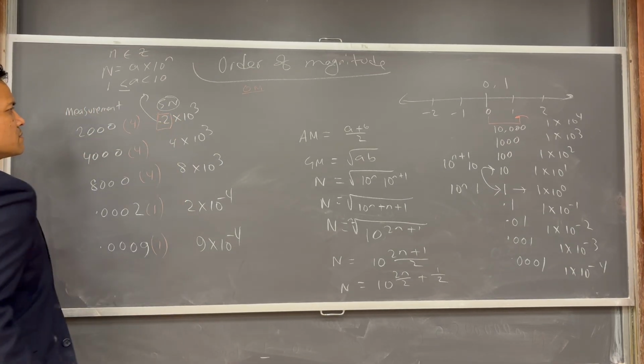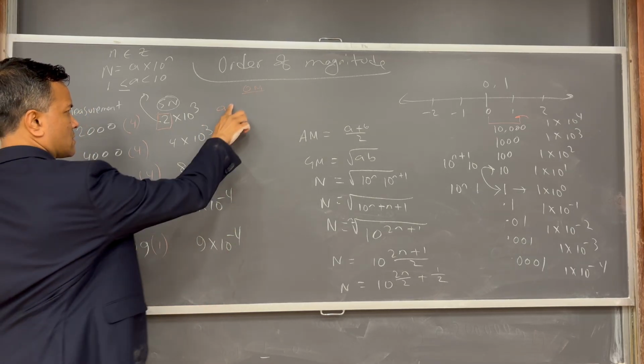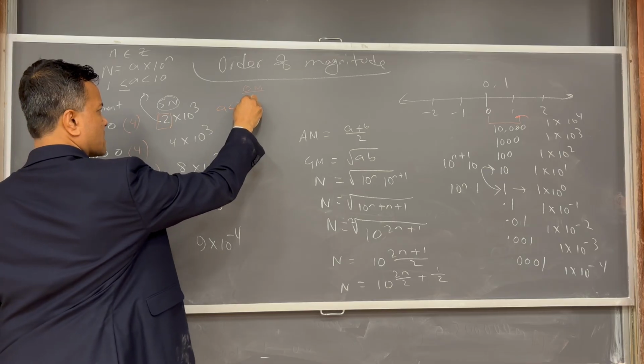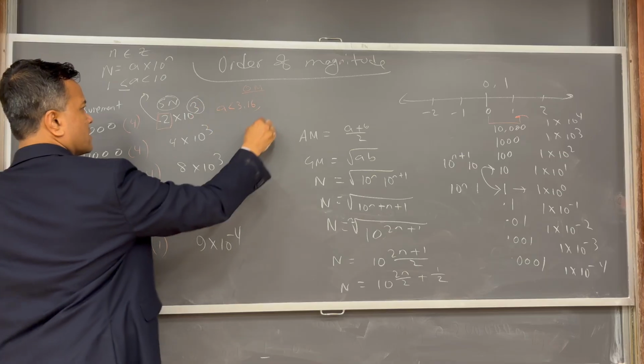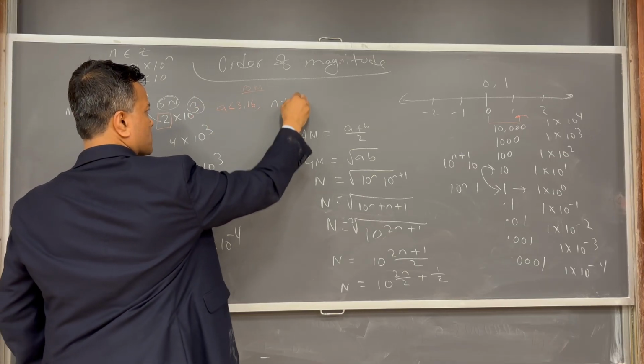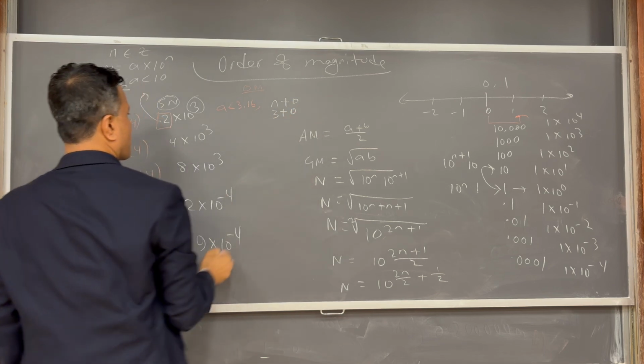A is less than 3.16, so that's n plus 0. So 3 plus 0, so this is 3.